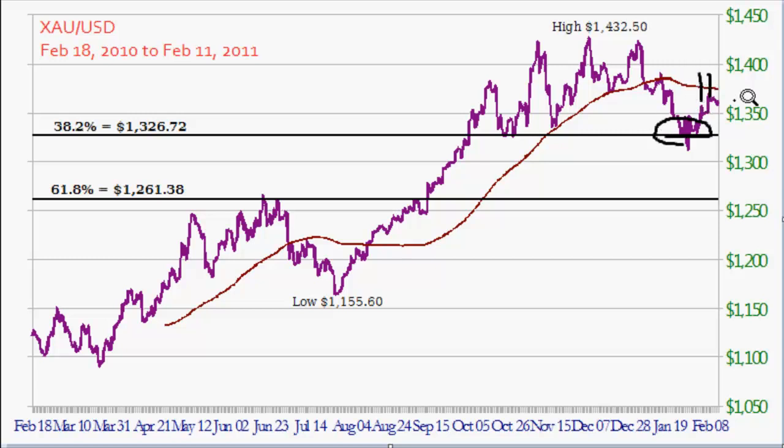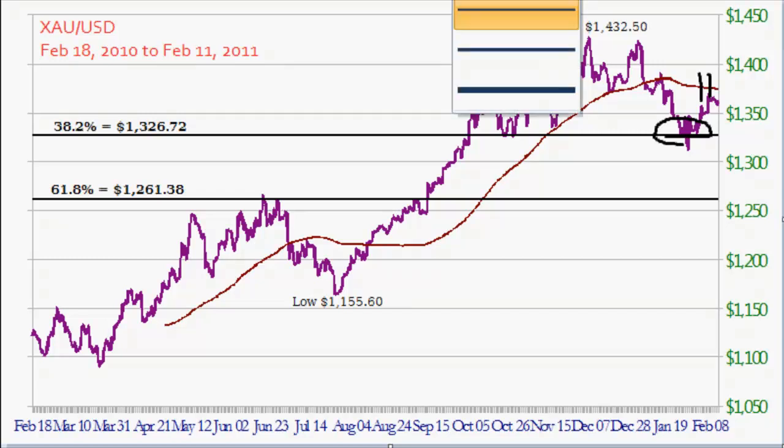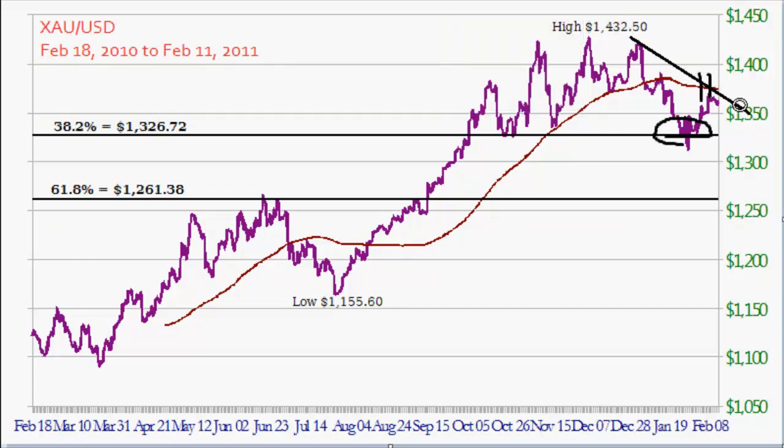Now the 50-day moving average is starting to decline, and overall you can make different name patterns, one of which can be that of a descending triangle when you make a straight line here at 1326 with this downward trend line. Maybe even the same 1326 line in coordination with this 50 average.